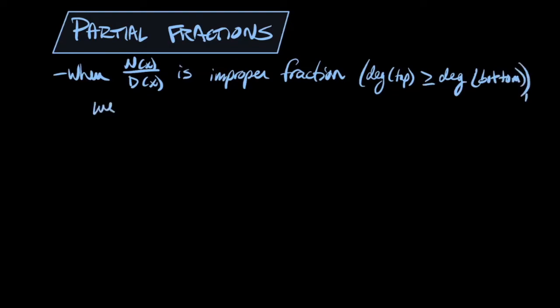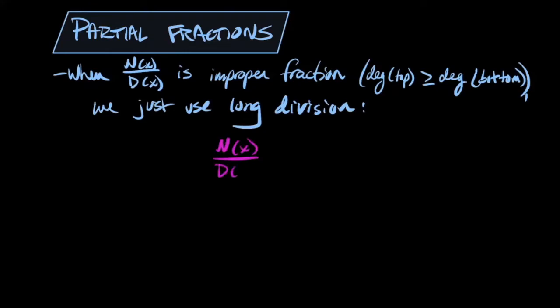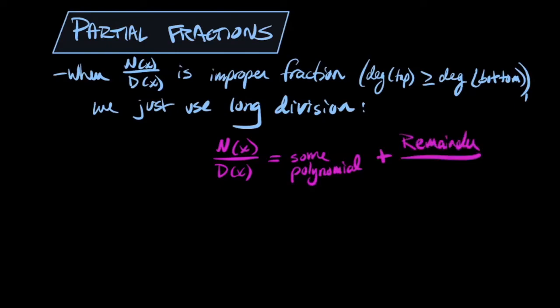Then we just use long division. It's just like it is for real numbers, we just have to use it on polynomials. So we would write n of x over d of x, numerator over denominator, is equal to some polynomial, plus remainder over divisor. And the divisor is the same thing as the denominator in this case, so divided by d of x.